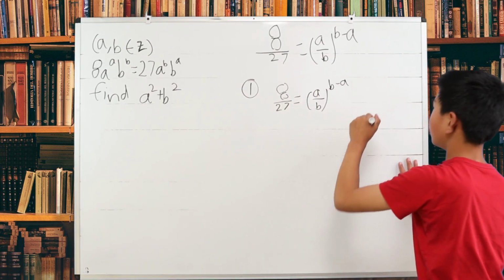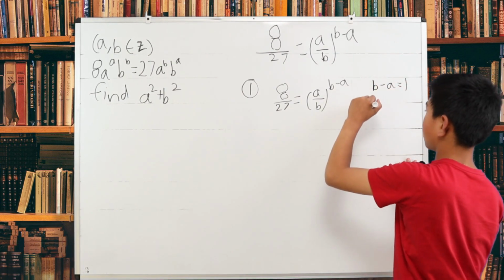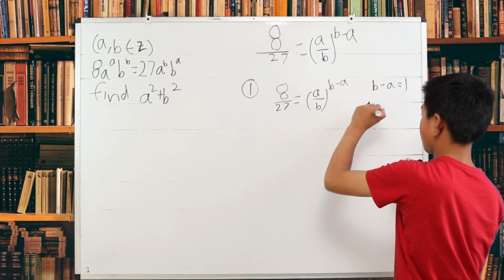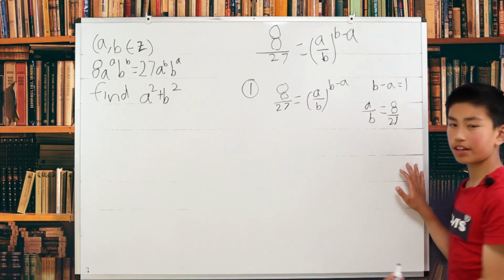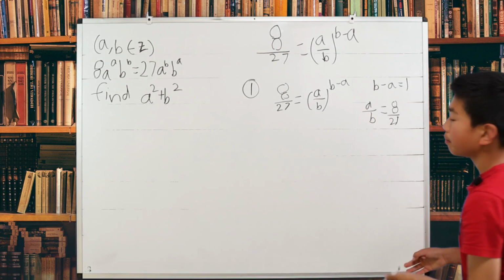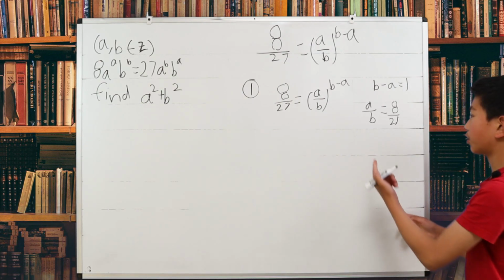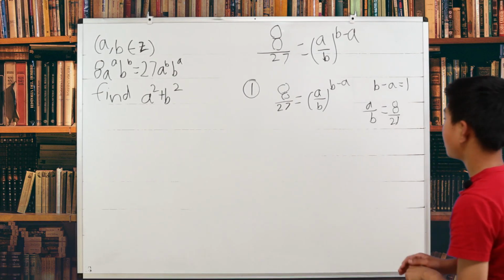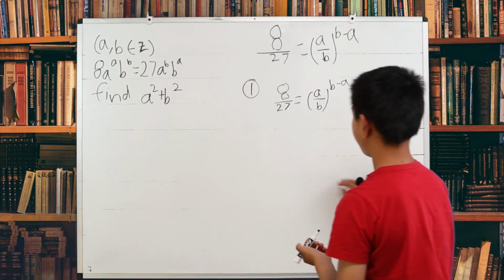So therefore, b minus a is 1, and a divided by b is 8 over 27. Well, this solution doesn't work because it asks for integers and it just doesn't work out, because 8 can't be divided by 27 or vice versa.